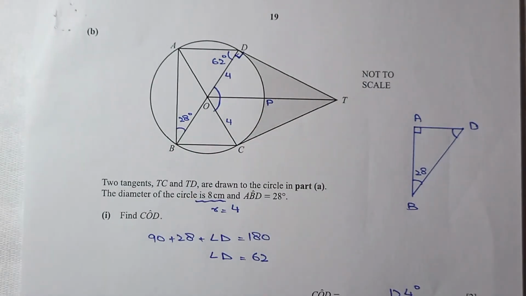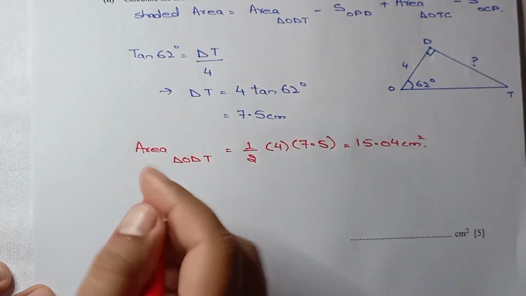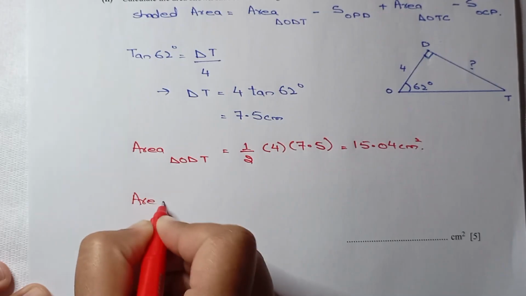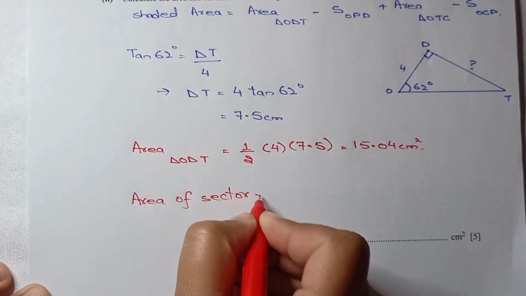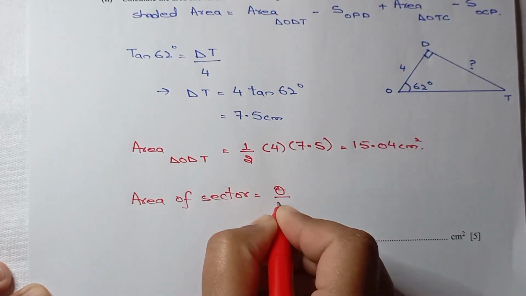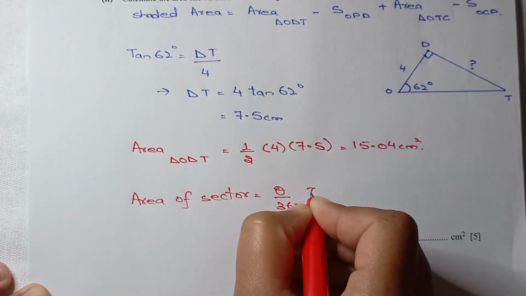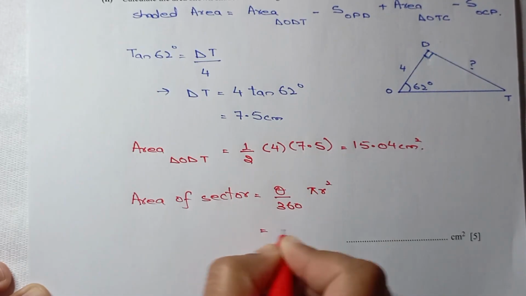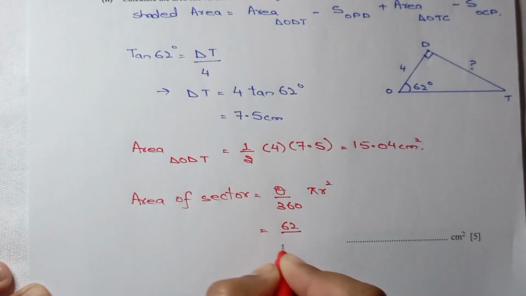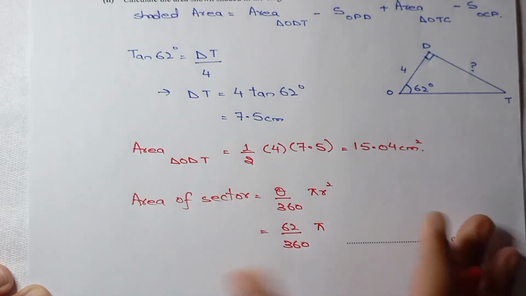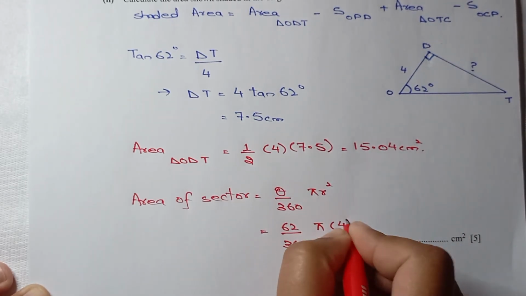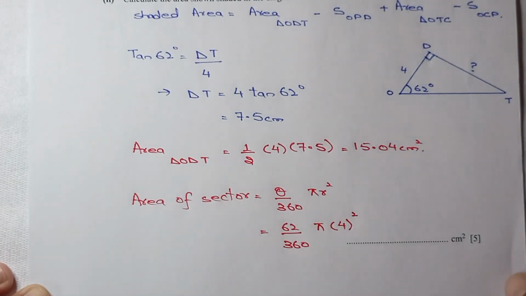So we know the formula for the area of a sector. Area of sector is equal to theta over 360 pi r square. Theta is 62, 360 pi, and radius is 4 because diameter is 8, so the radius would be 4 square.